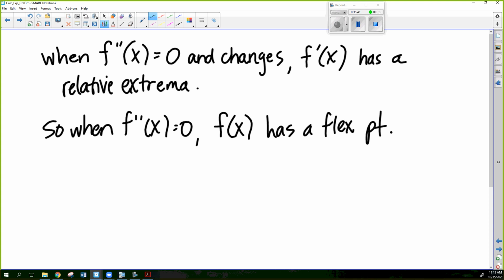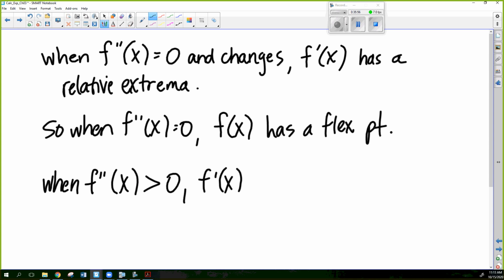Okay, so when the second derivative is positive, would the first derivative be increasing or decreasing? Right.